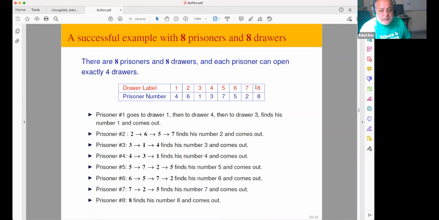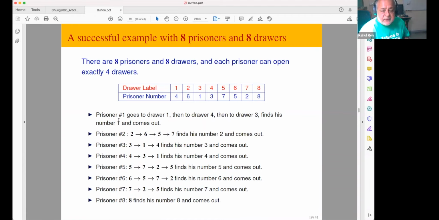1, 2, 3, 4, 5, 6, 7, 8 is the labeling of the drawers. Inside drawer 1, there is a random number 4. Inside drawer 2, there's a random number 6, etc.: 4, 6, 1, 3, 7, 5, 2, 8. These are the numbers in the drawers. So what does the strategy say?